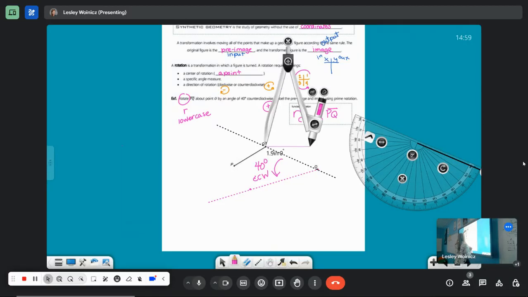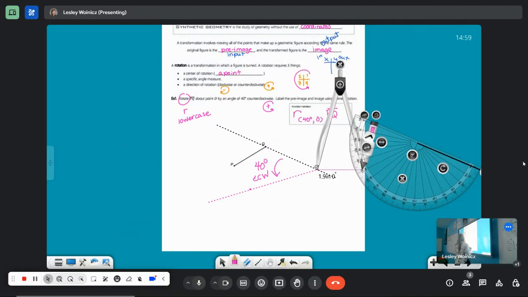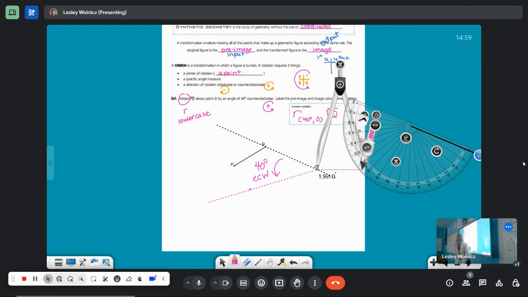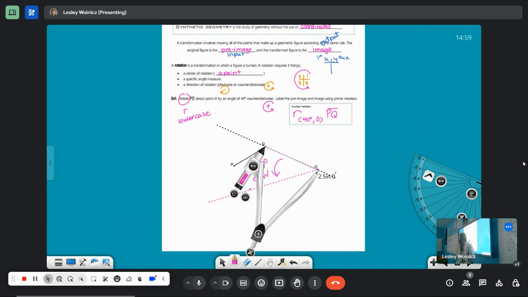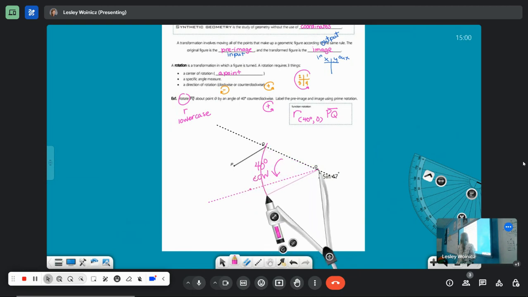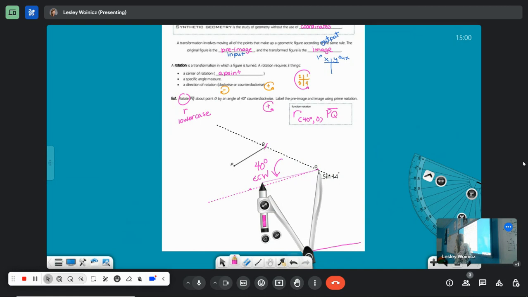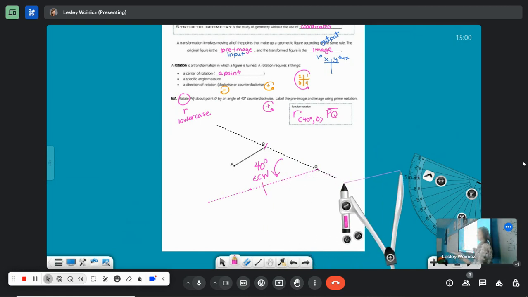I'm copying the distance from O to Q. Everybody see it? Okay, that is the location of my Q prime.